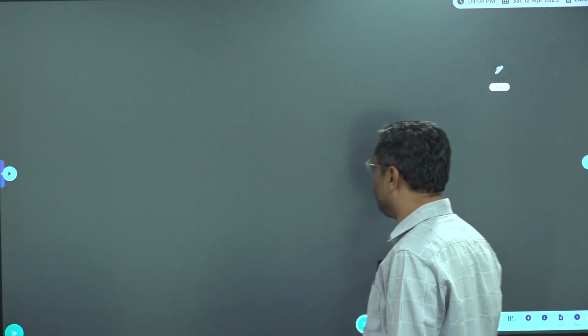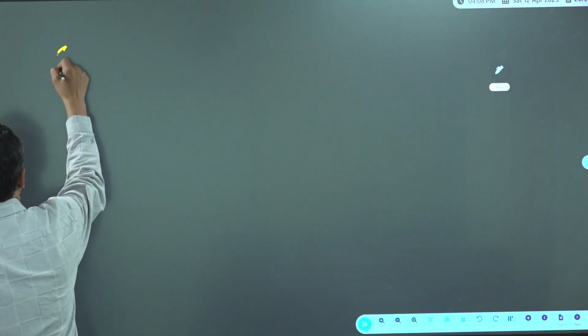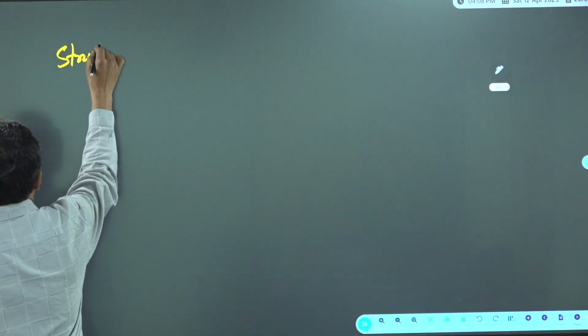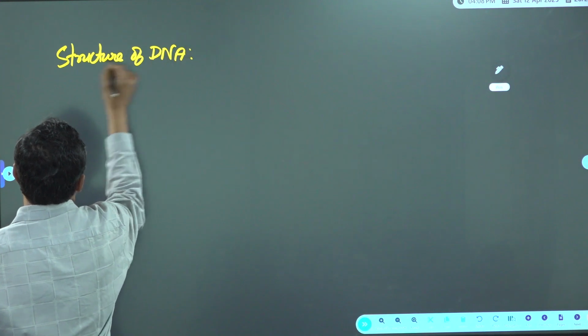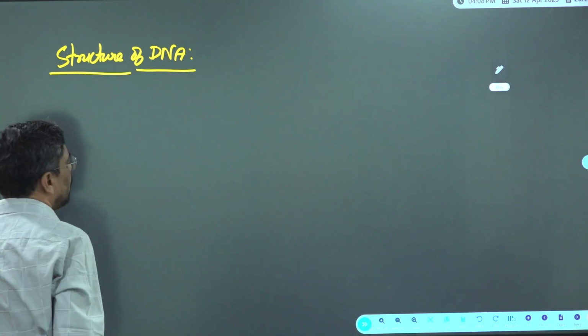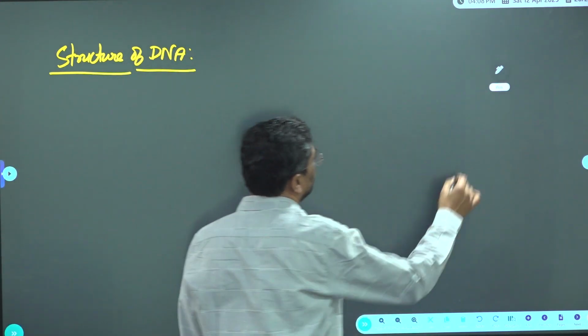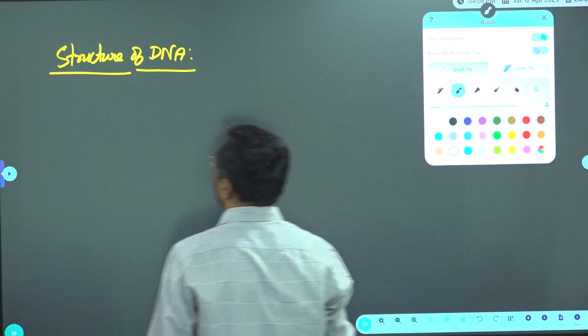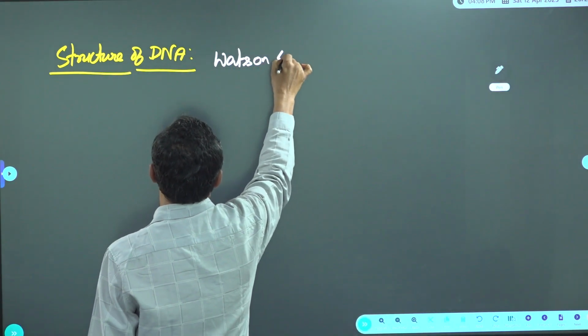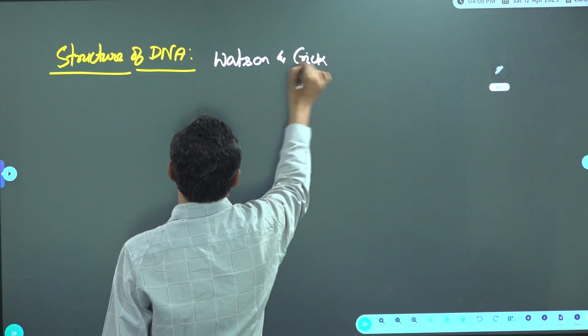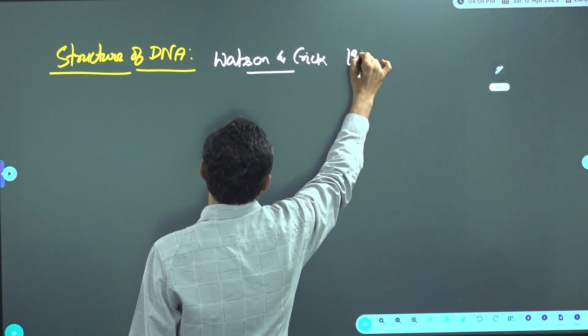If you observe the structure of the DNA, the structure was proposed by Watson and Crick in the year 1953.